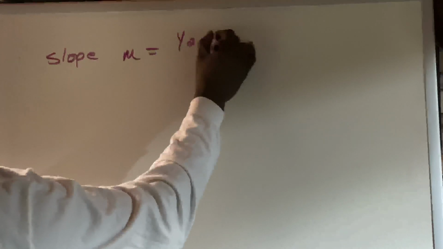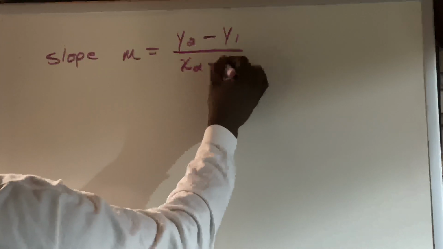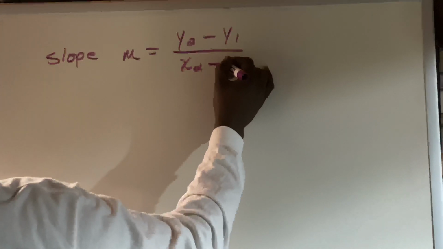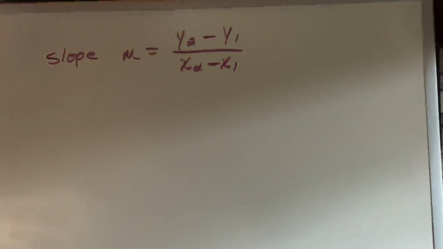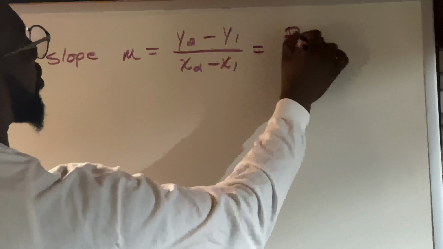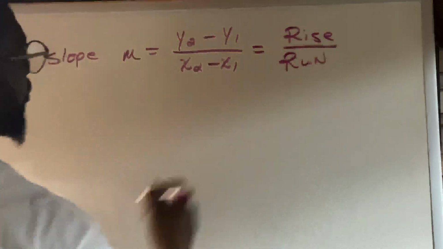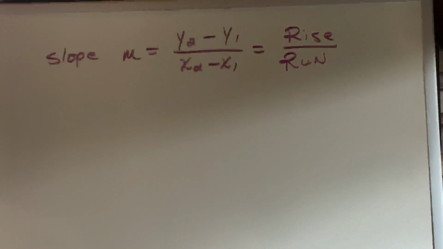And the formula for slope is y sub 2 minus y sub 1 over x sub 2 minus x sub 1, which is also rise over run.